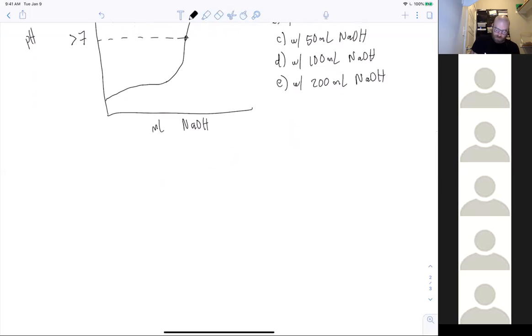So let's say you have 50 milliliters of 0.10 molar acetic acid that has a dissociation constant of 1.8 times 10 to the minus 5th.